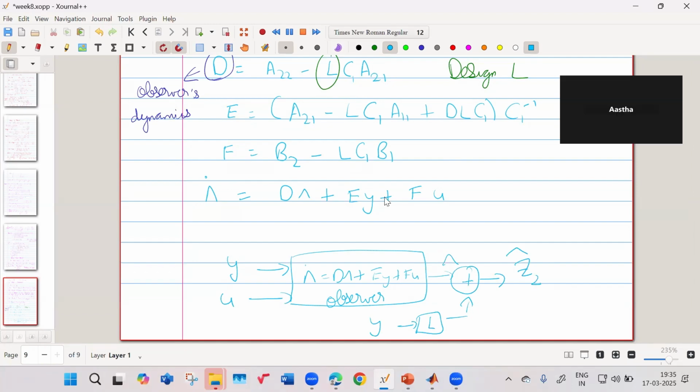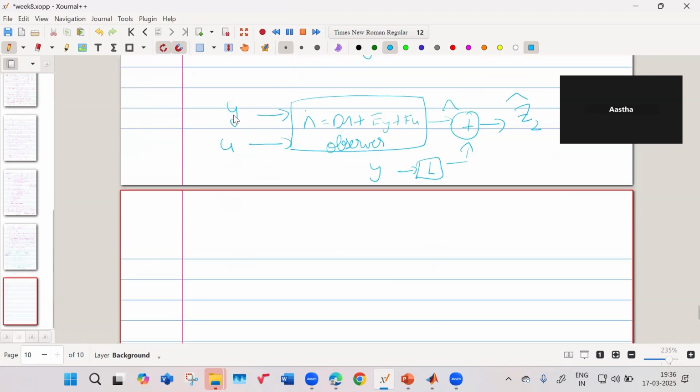This is how we can estimate our state Z2 hat. This can be used to get an estimate of our state, and this can be used as feedback for our state feedback based controller.